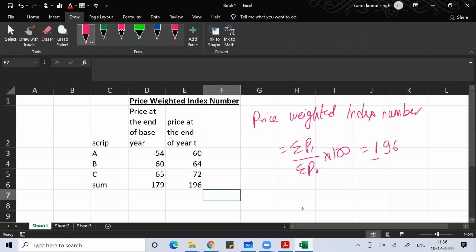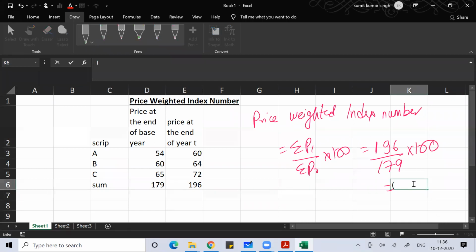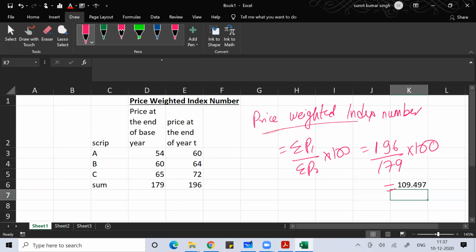This is 196 divided by 179 into 100. So the index value you get is 109.497. Done everyone.